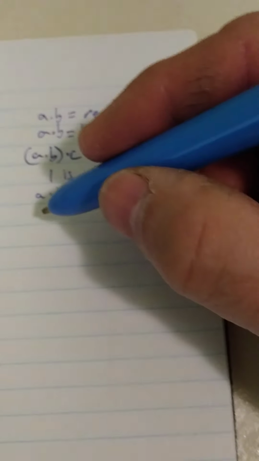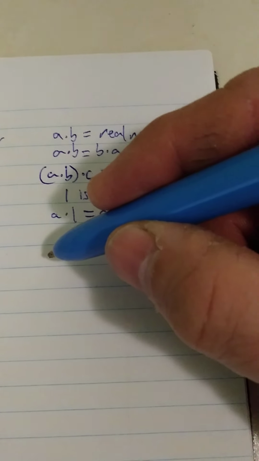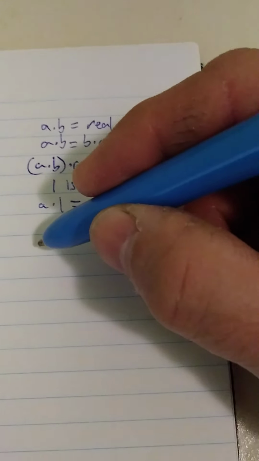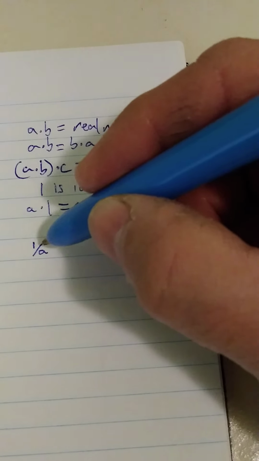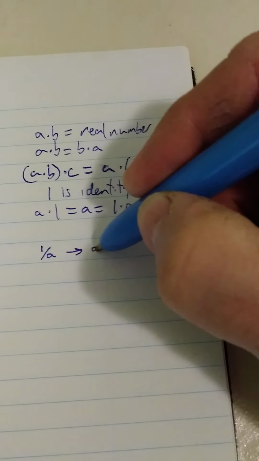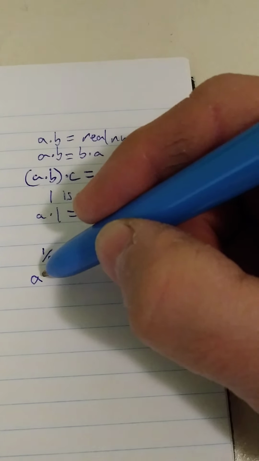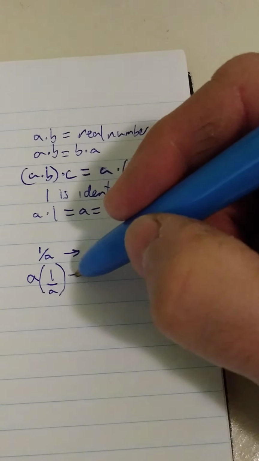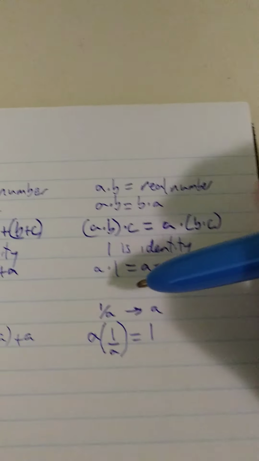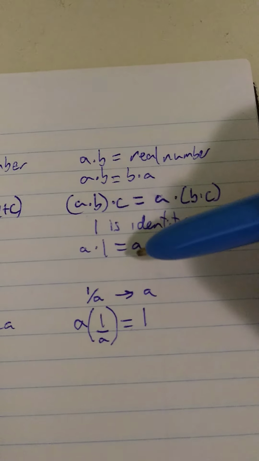Okay, so with multiplication, it's a little different. You want to get 1 by an operation with any given real number. So in this case, the inverse would be 1 over a real number. So 1 over a, and that's the inverse of a. And to show this, I'm going to multiply a times its inverse, which is 1 over a, and that would give you 1, which is the identity when you're multiplying real numbers.